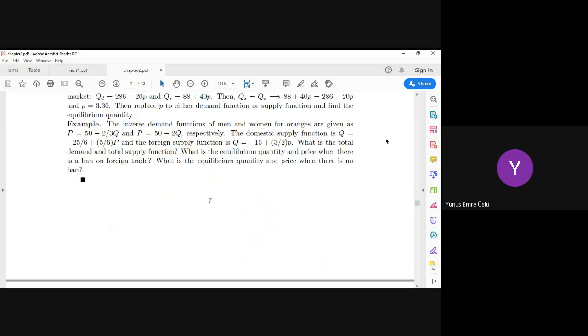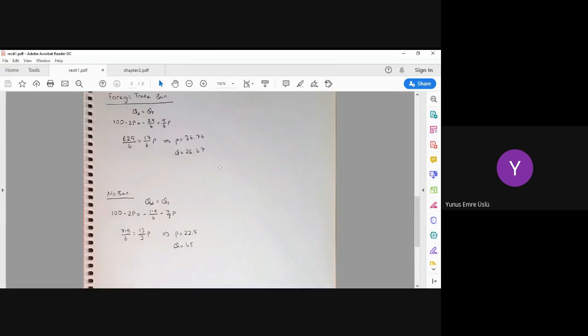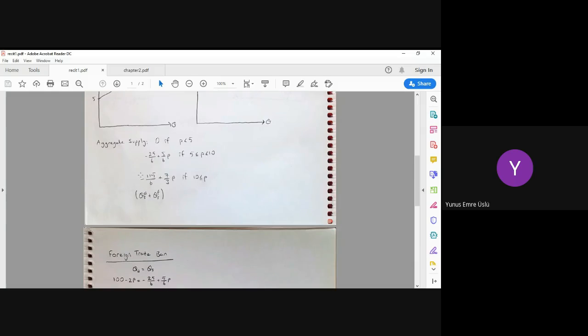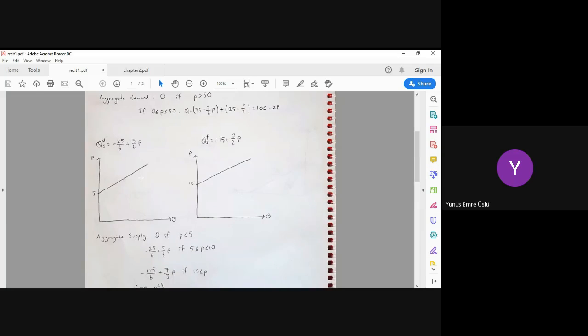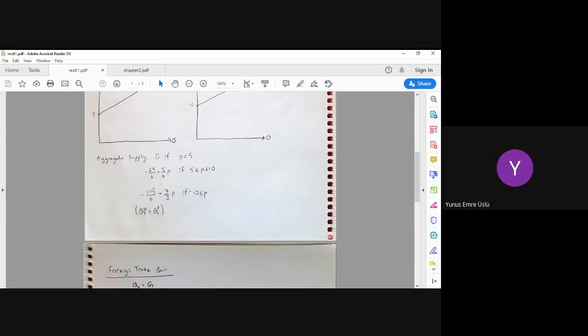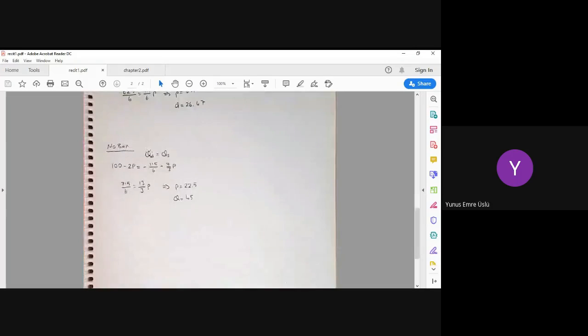What is the equilibrium quantity and price when there is no ban on foreign trade? We found that our aggregate supply is this if the price is over 10. Aggregate demand should be equal to aggregate supply in the equilibrium. Again, quantity demanded is equal to quantity supplied. This was our quantity demanded, 100 minus 2p.